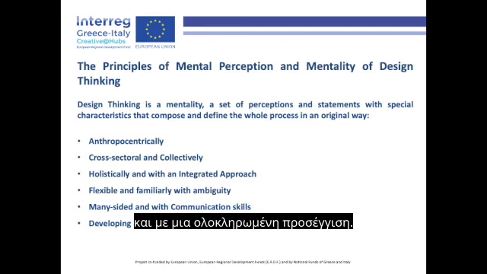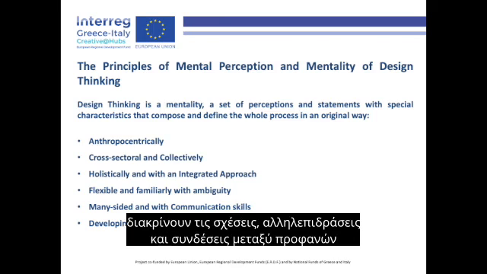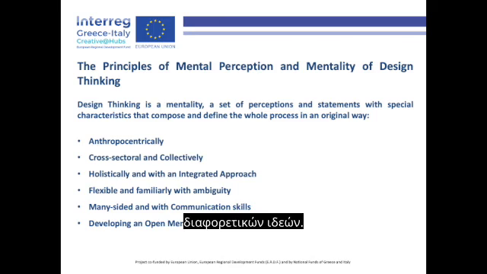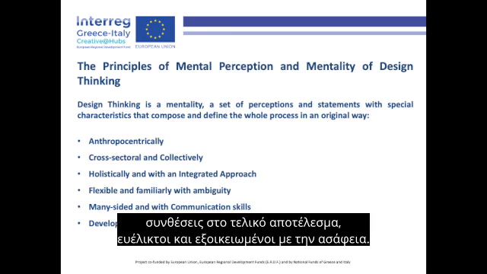Holistically and with an integrated approach, design thinking should have the skills to perceive and distinguish relationships, interactions and connections between obviously diverse ideas. This means that they have to be able to manage knowledge, synergies and compositions in the final result.